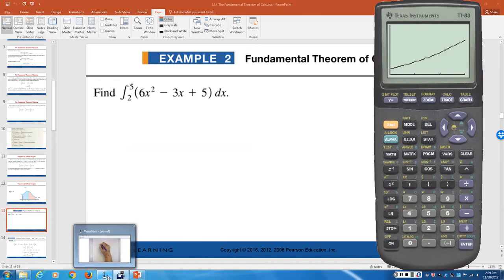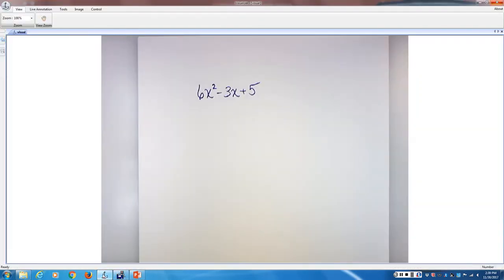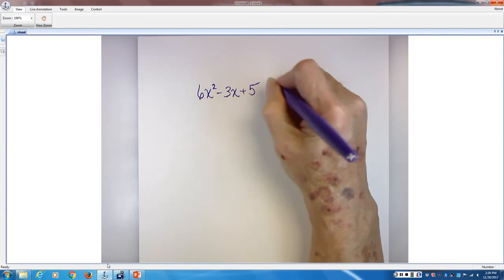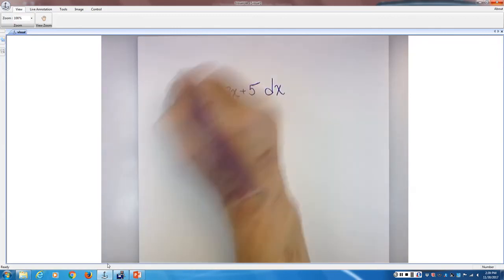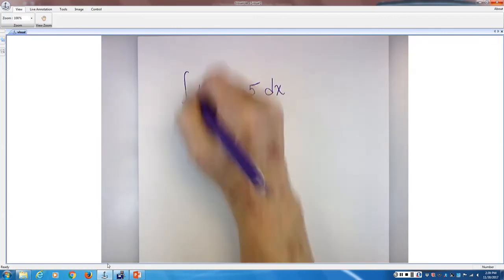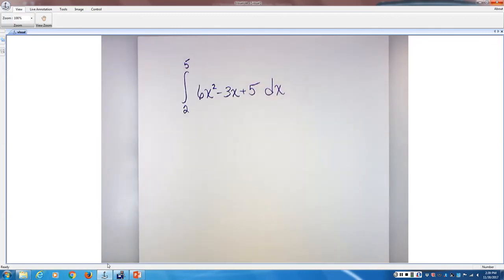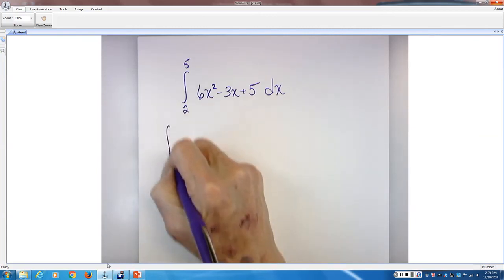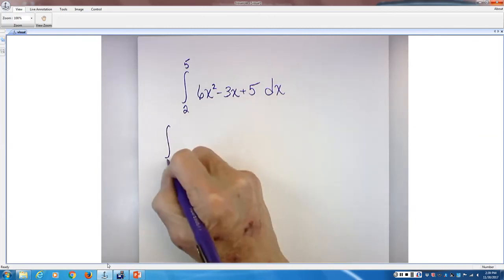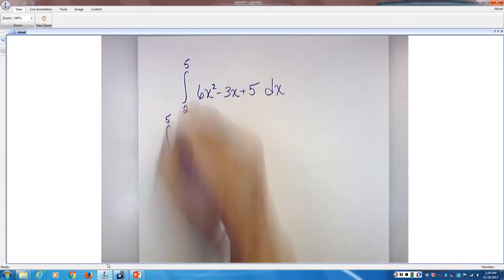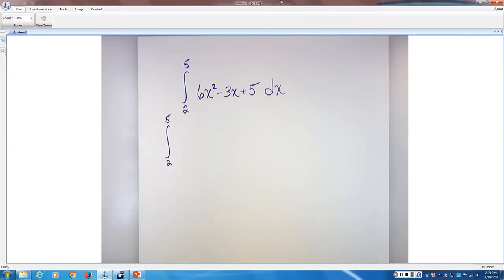6x squared minus 3x plus 5, that's going to be dx. We're going from 2 to 5, which means actually the integral we're going to do is from 2 to 5, one term at a time.